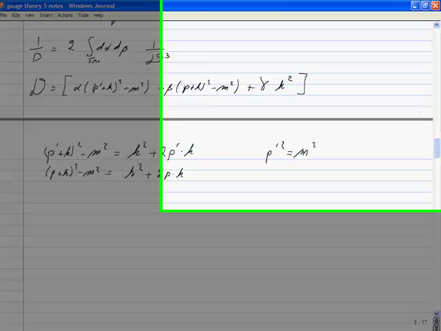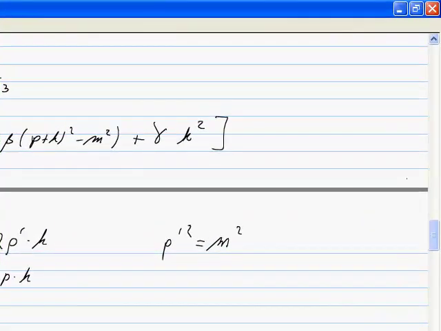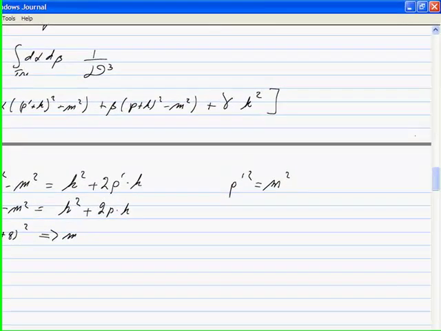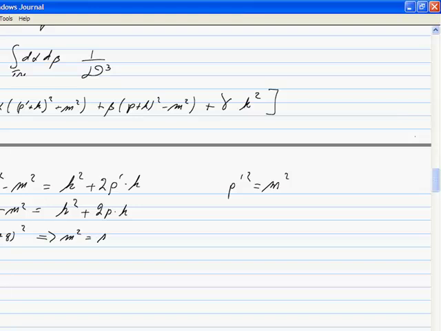And then what I will also need in just a second, so let's work it here on doing kinematics, is P prime equals P plus q. So since that's true to the first power, let's square it. P prime squared is (P plus q) squared, which on one side is m squared, the other side is m squared plus 2P dot q plus q squared.